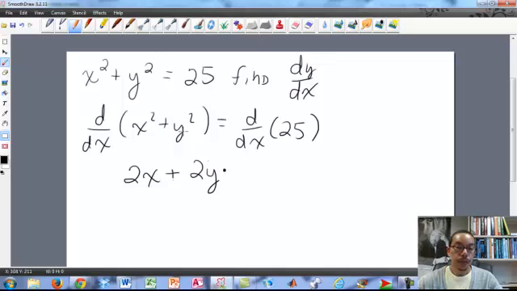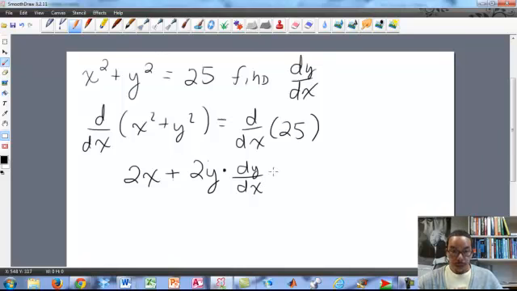The inner is y, and y is a function of x, so the derivative of y is 1, however, it's 1 times dy/dx. So using implicit differentiation, whenever you take the derivative with respect to x, note that y is a function of x, so you take the derivative but you still must include dy/dx.